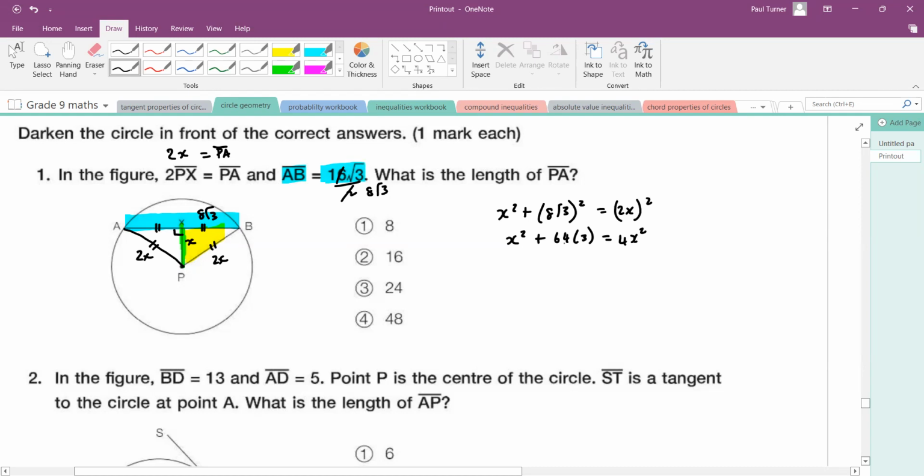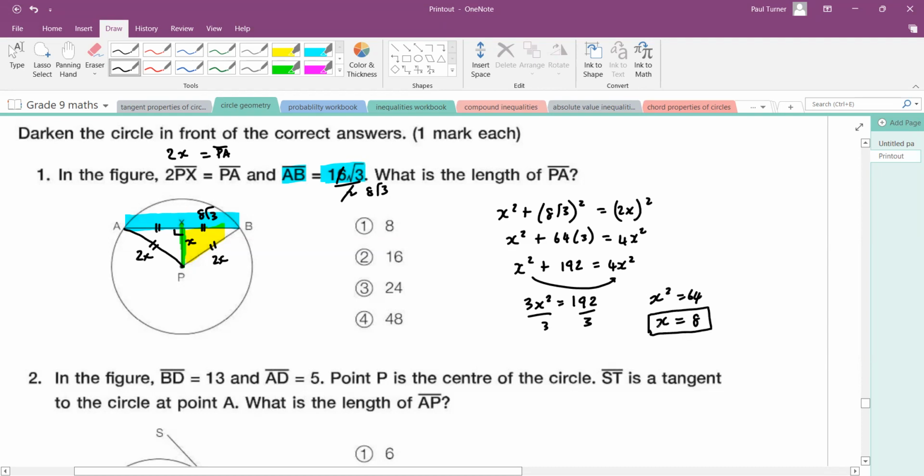So 3 times 64 is 192. So x squared plus 192 is equal to 4x squared. So when we bring the x squared across, we'll have 3x squared is 192. And when you divide by 3, you get x squared equals 64. Then taking the square root of 64, x will be equal to 8.